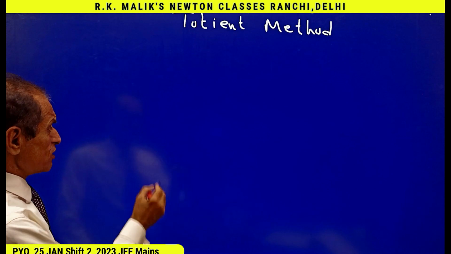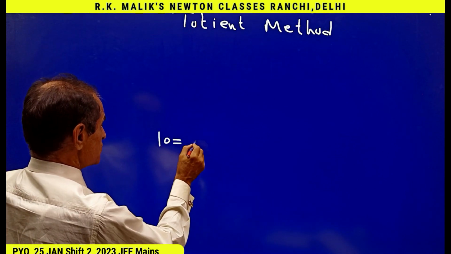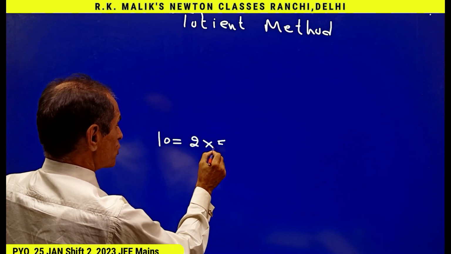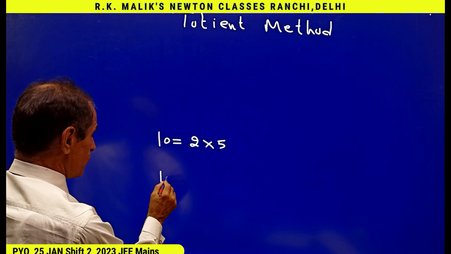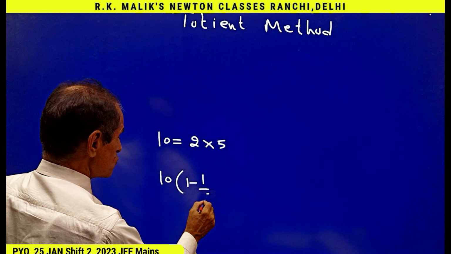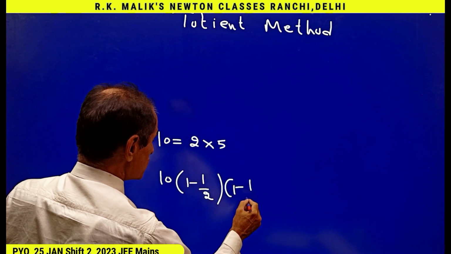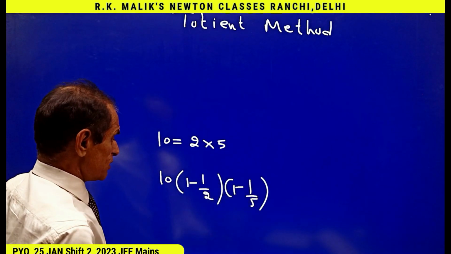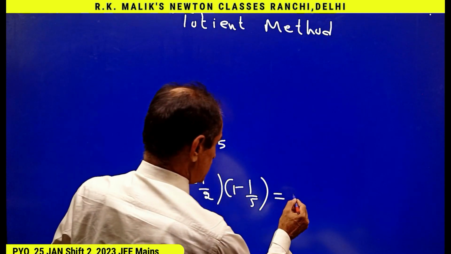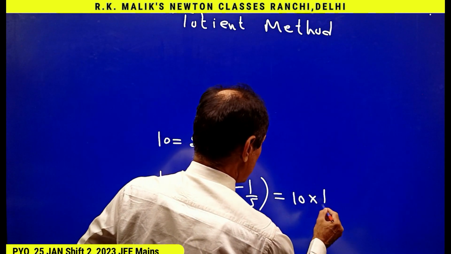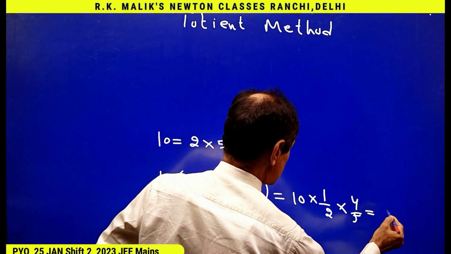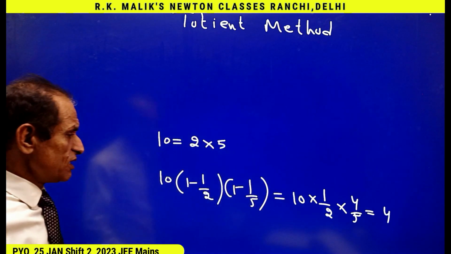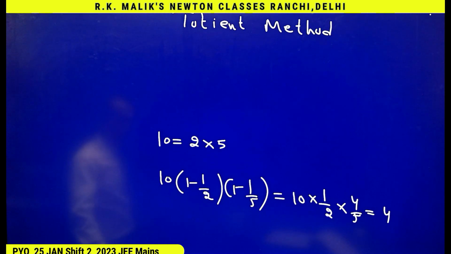To find the totient of 10, first write it as a product of prime factors. And now totient of 10 will be 10 into (1 minus 1 by 2) into (1 minus 1 by 5), that is 10 into 1 by 2 into 4 by 5, that is 4. Hence, totient of 10 is 4.